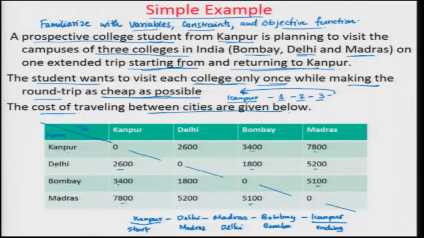This is also another option, right? In this case, we would use the Delhi to Madras price, so we call it 1, and Madras to Delhi, we can call this 2, and the 2 will be used as the cost there.